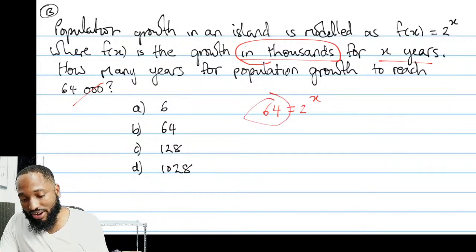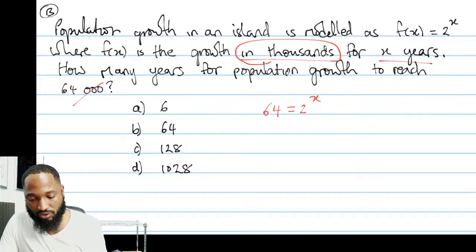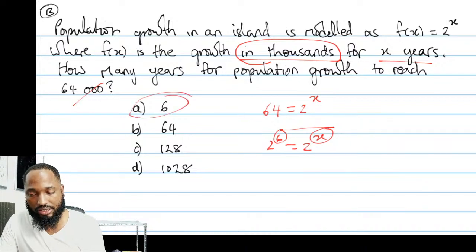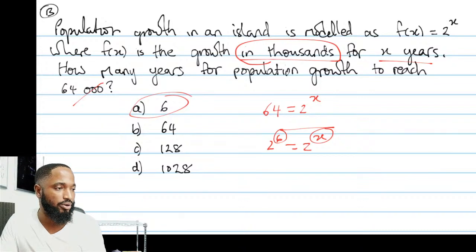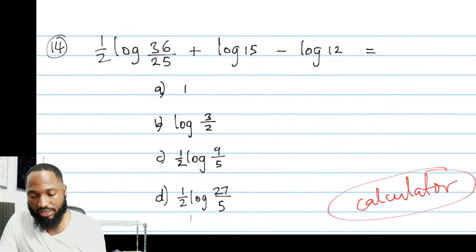So that's 64 there, real tempting to pop out. It's 2 to what power gives you 64? 2 to the power 6 is equal to 2 to the power x. In this case, 2 to the power 6 is 64. So just 6 is equal to x. x is equal to 6. 2 to the power 5 is 32. 2 to the power 6 is the easy thing. Next question.